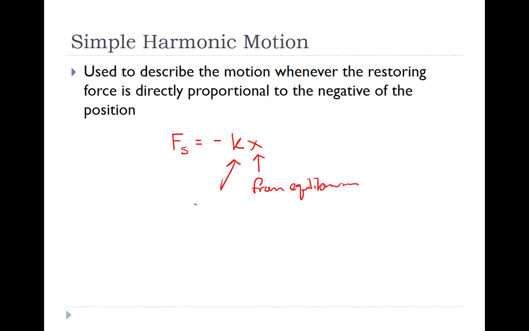And K is the spring constant, so it's a proportionality constant. So that has all of the pieces you need for the force due to a spring being a restoring force, and therefore the motion of the mass on the spring is simple harmonic motion.